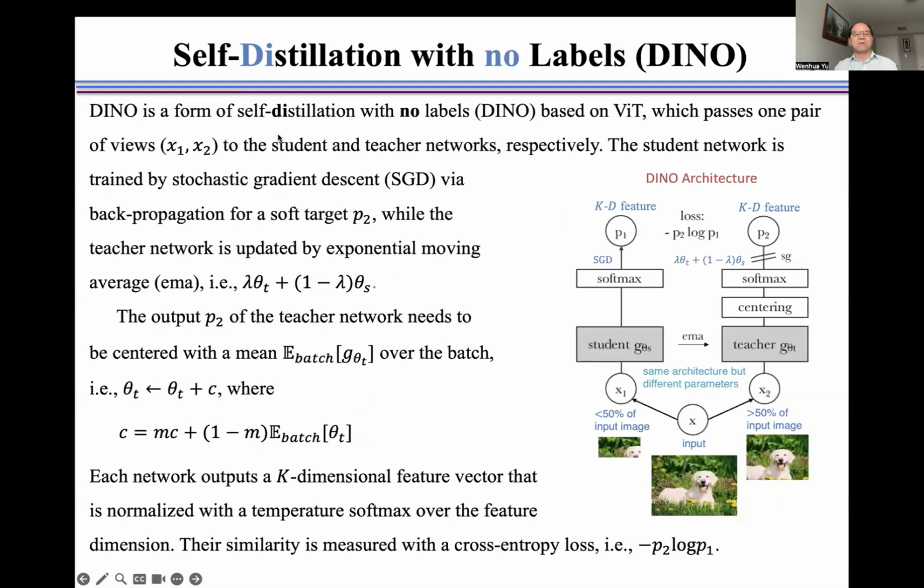DINO is a form of self-distillation with no labels based on ViT, which passes one pair of views, x1 and x2, to the student and teacher networks, as shown here. This is x1, and this is x2.